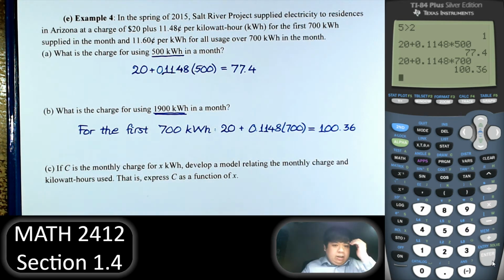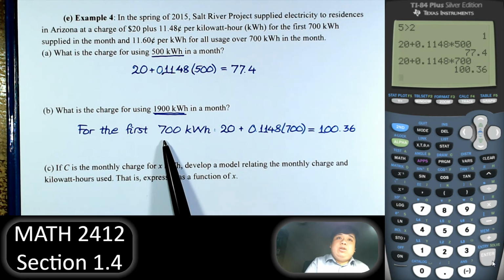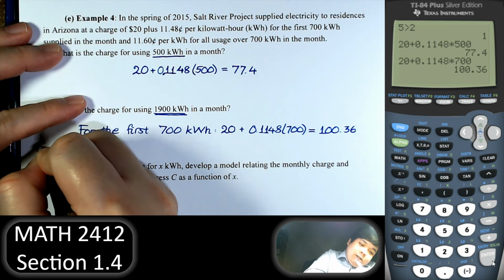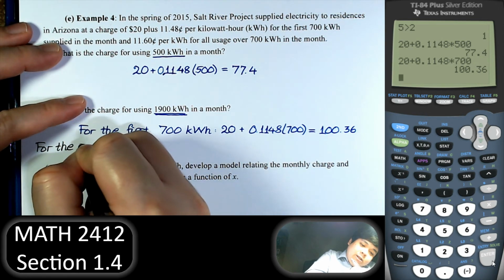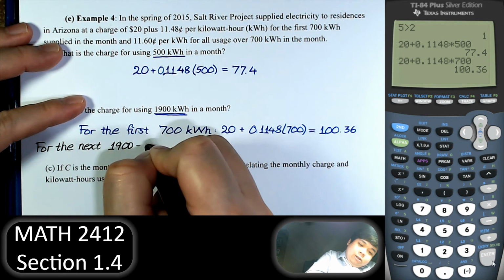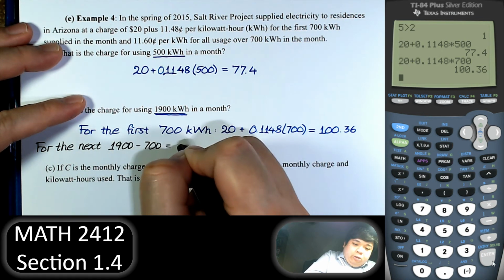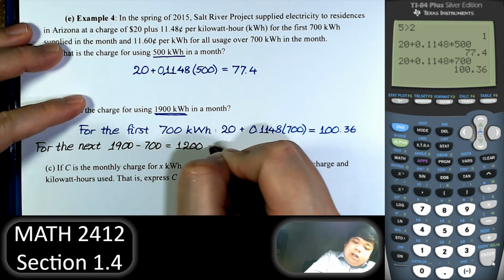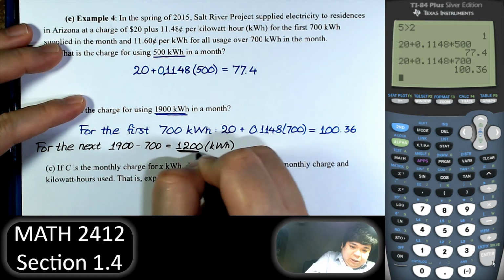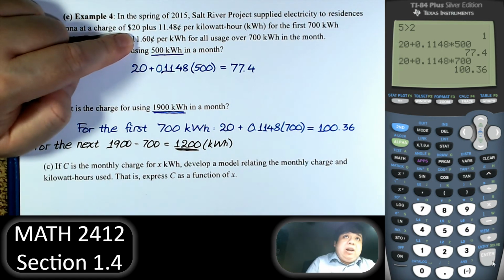Now, of course, we use 1900 kilowatt hours. So the first 700 we pay at that rate. The next, of course, we have to subtract 700 from 1900. So for the next 1200 kilowatt hours, we will pay at this rate.